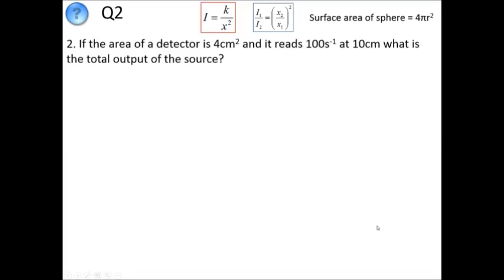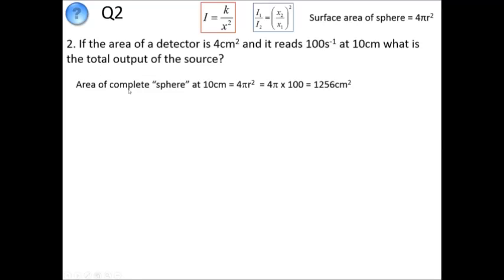Okay, another question. If the area of a detector is 4 centimeters squared and it reads 100 counts per second at 10 centimeters, what is the total output from the source? This is quite useful: if we're at a particular distance, 10 centimeters, and receiving this count, it would be nice to know the actual output from the source.